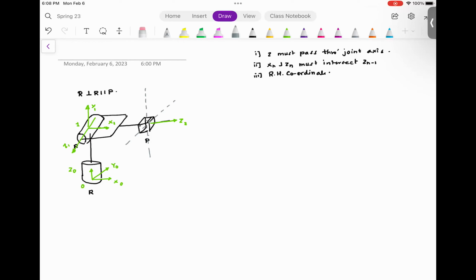So Z1 and X2 are non-intersecting. Everyone understood this? Z1 and X2 are non-intersecting. So clearly, in this particular case, no matter what you do, rule number 2 will be violated. Everyone understood this? Now, in this case, and this happens sometimes, what we have to do is, this is the trick.